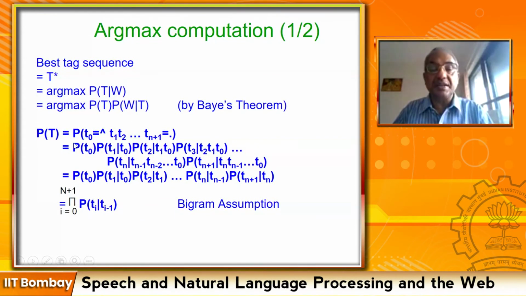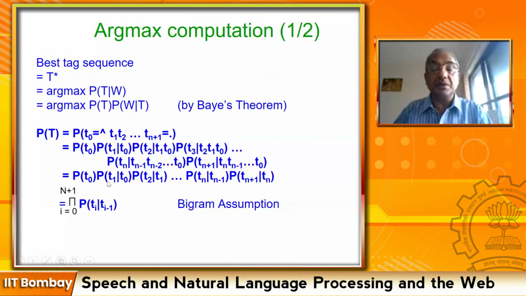Now P(T), which is a tag sequence, is broken up by joint probability and conditional probability into a sequence of conditional probabilities. Then you apply Markov assumption. You ignore all the tags which are one window before. And then you get what is called the bigrams.